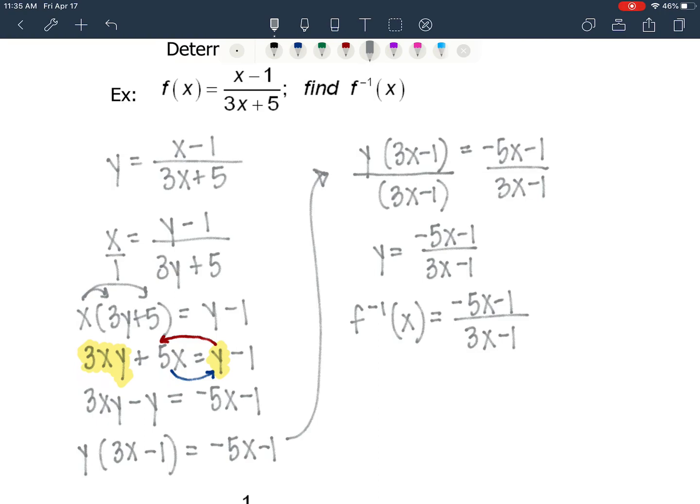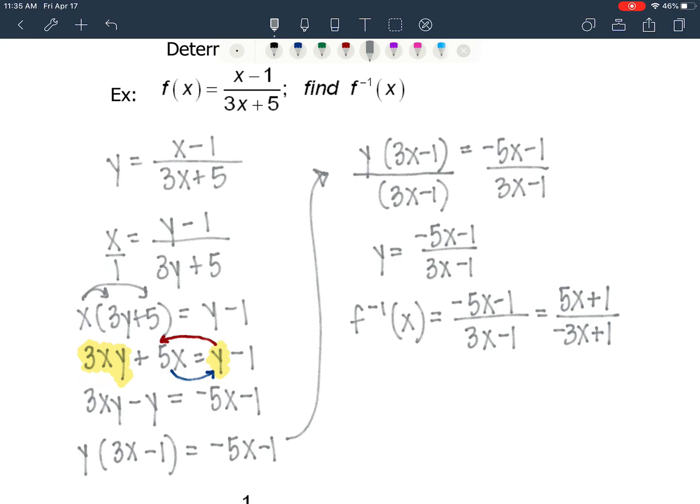Now that's a lot of minuses, negatives and minuses. So they may rewrite this by changing the sign of every term. So negative 5x becomes a positive 5x. Instead of minus 1, plus 1. Instead of positive 3x, negative 3x. And then plus 1.